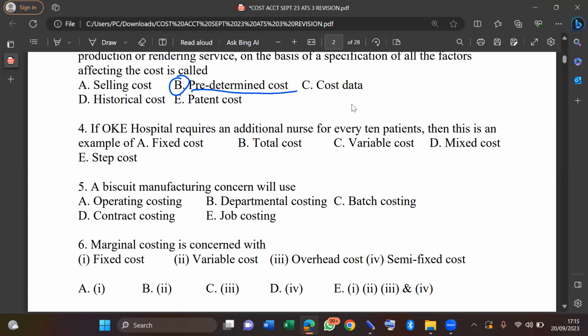Can somebody differentiate between those costs that we have? Then from there, you will be able to know the actual one for it.